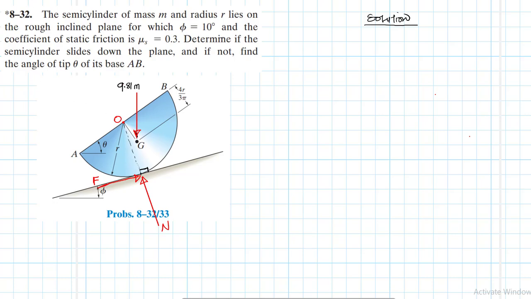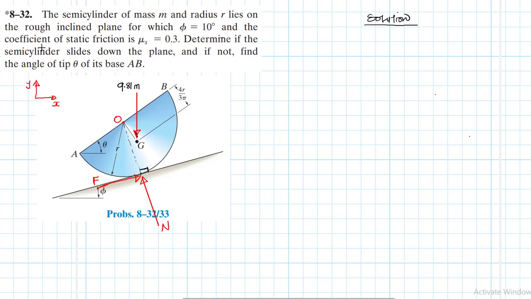A few other things that we need. We are going to use a reference, x, y. Because we are going to use this reference, the weight of the semi-cylinder is in the right coordinate system, but we need to convert the friction force F and the normal force.